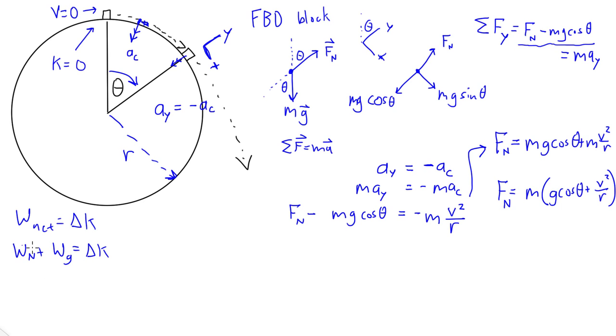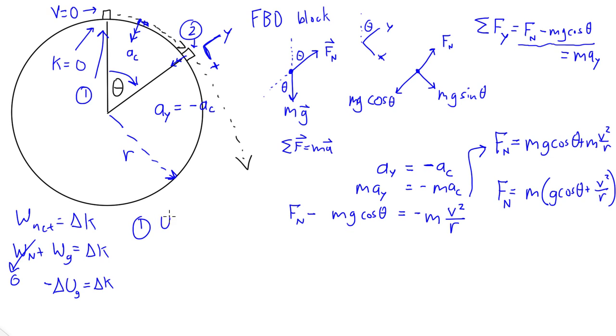Work done by the normal force we said was 0, and work done by gravity is negative change in potential energy for gravity, equals delta K. What that comes out to is delta K plus delta UG equals 0, or mechanical energy is conserved, which is K plus U. So I'm going to say this is my position 1, and position 2 is some later time. So 1 is the start and 2 is a later time.